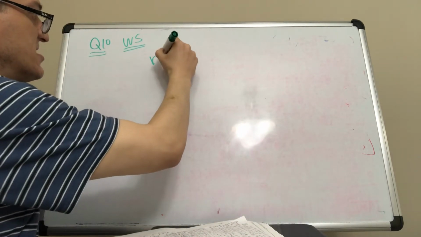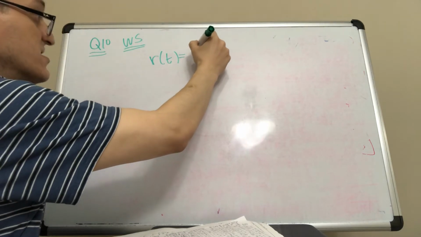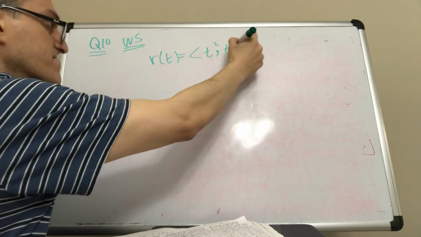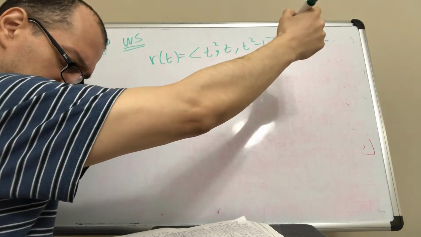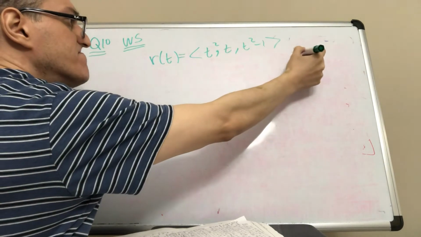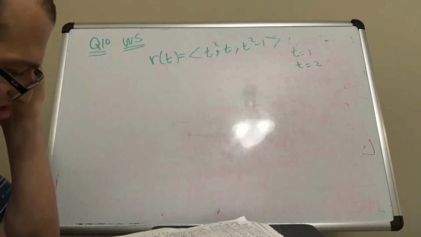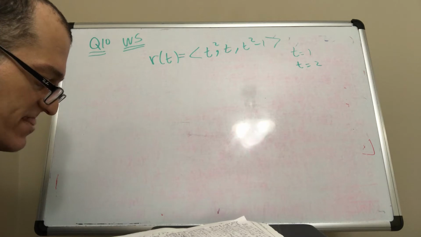So you're given a curve and they want you to do it at T1 and at T2. And where does it bend the greatest?